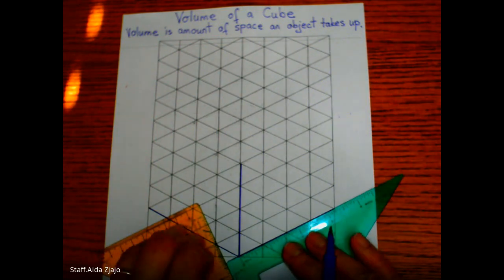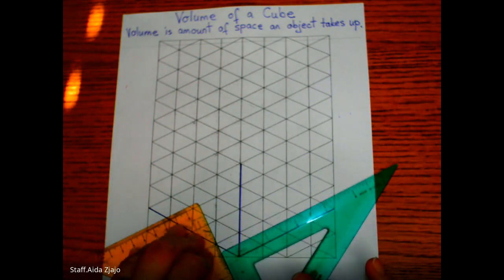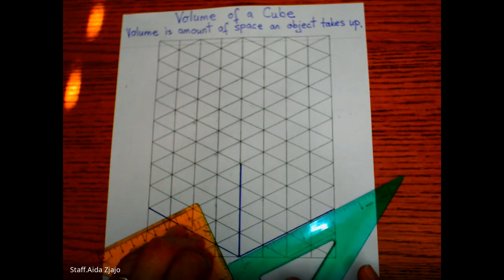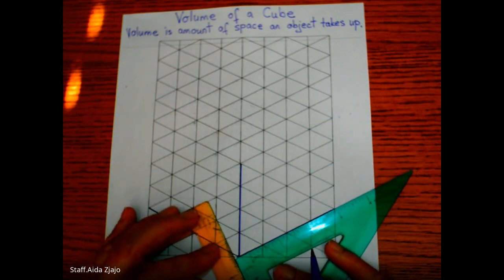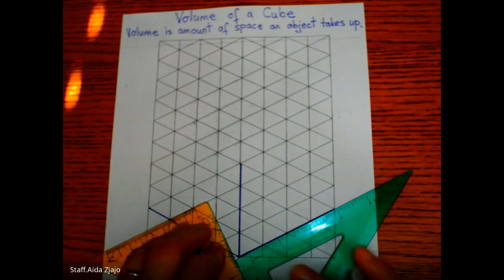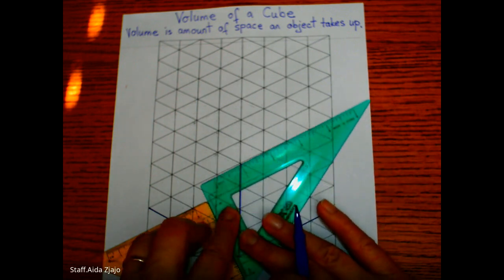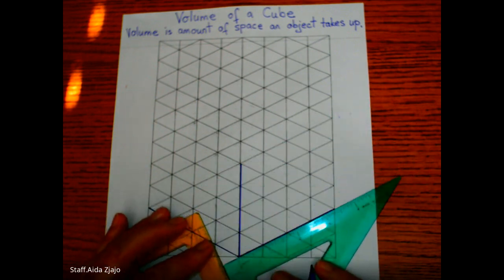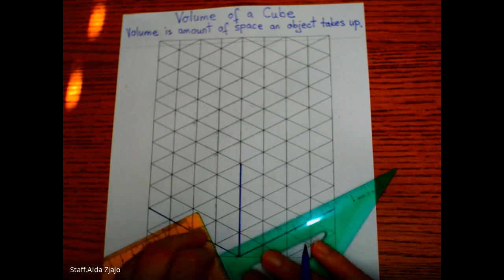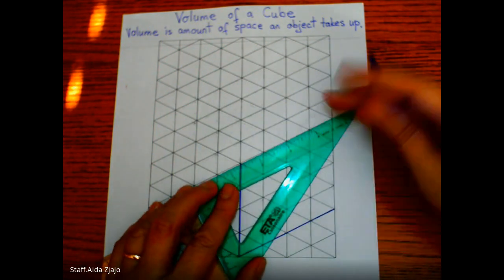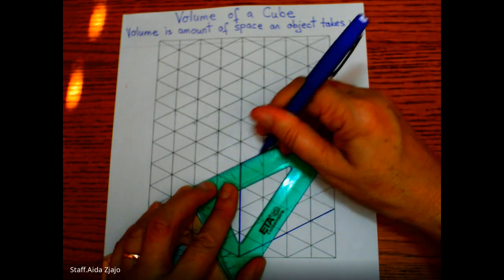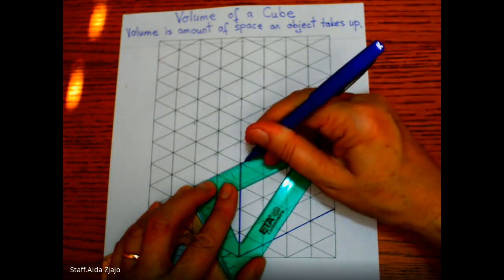We can use our two triangular rulers to help us find where this length needs to be parallel to the top edge of the cube. So we can make this line a parallel line to the bottom.